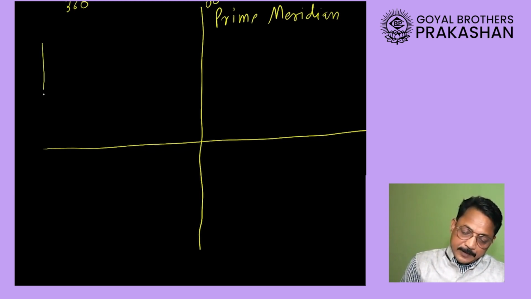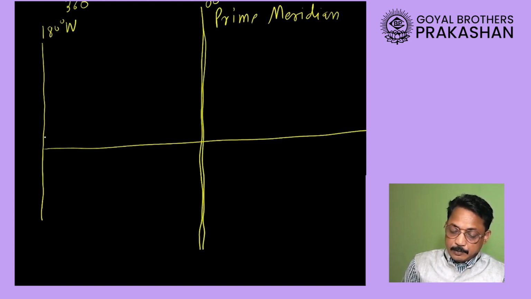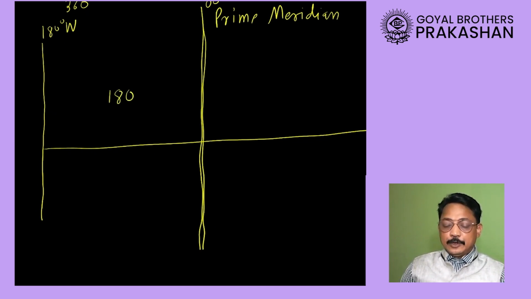Now, if I go to the westernmost side, this is 180 degrees west. When I reach 0 degree here, from 180 to 0 degree, there are a total of 180 longitudes. Now I have to divide them in groups of 6.